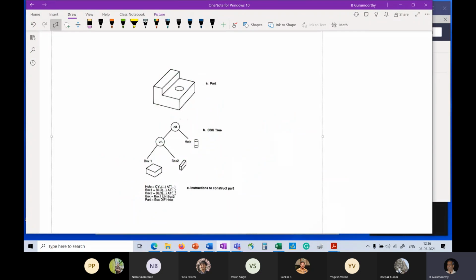And this is how the tree looks for the part that I originally did, except that here the hole is in the middle of the part, but we kept it at the corner. You start with two primitives, you do a union, and then from the union you subtract this hole, which is the difference operation, and that gives you the representation of the object. Okay.